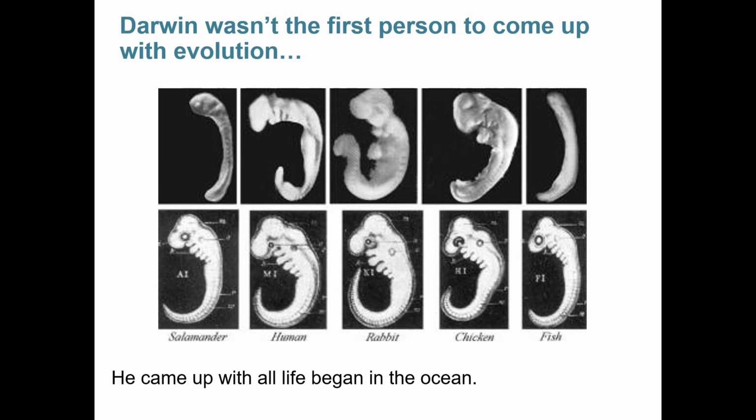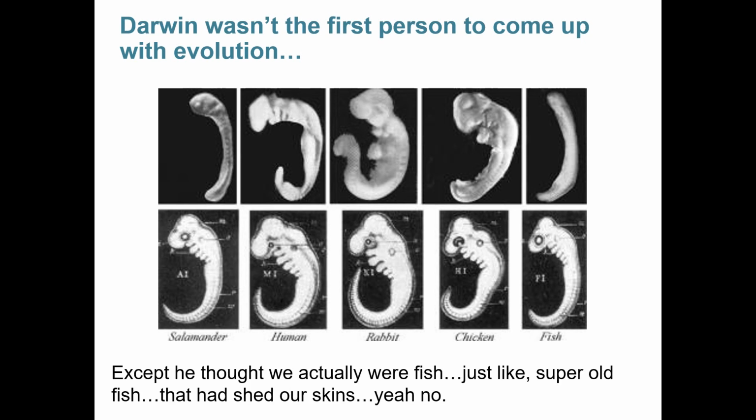On the surface, this seems like a pretty good idea, except, Anaximander was a little bit crazy. He thought that we actually were fish, like super old fish that shed our skins. Okay, probably not. He did have this idea that we maybe started out as something else, and that all organisms were related by these similarities.